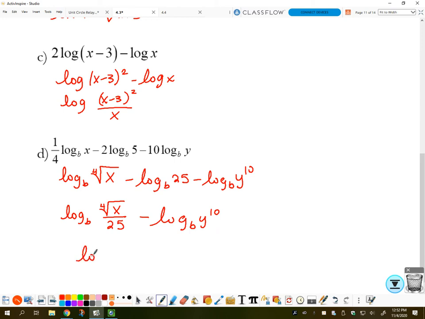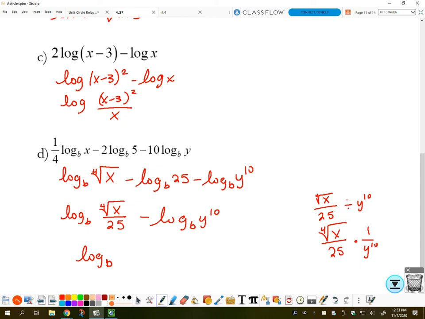Alright, so when we condense that, you're going to have log base b, and you have this divided by this. So if I wrote out that I had the 4th root of x over 25, and I wanted to divide that by y to the 10th, that's really this times 1 over y to the 10th.